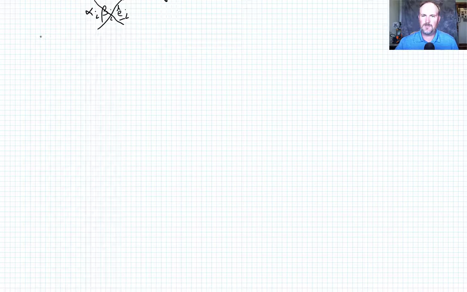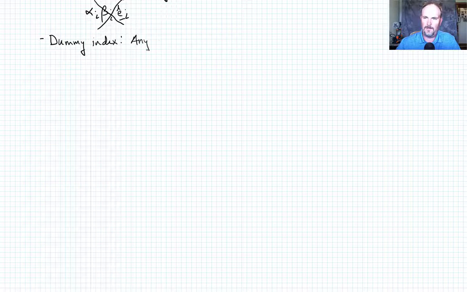A couple other small definitions that you should be aware of, just because I'll be referring to them. One is called a dummy index. And I'll use that term to refer to any repeated index.